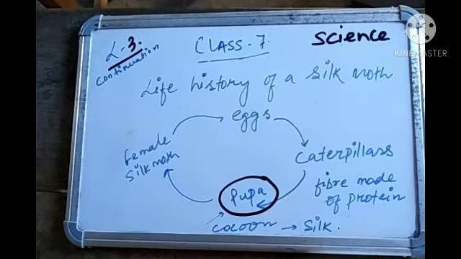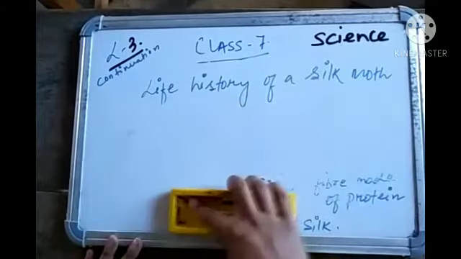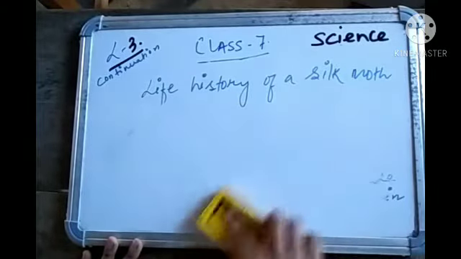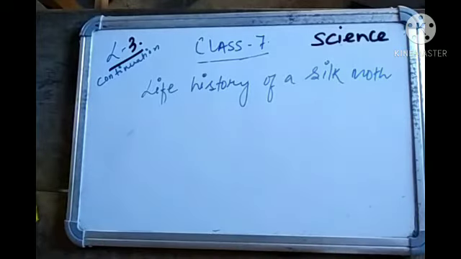This covering is called cocoon, from which we get silk. Further development of pupa to silk moth continues inside the cocoon. So this is the life cycle of silk moth. The silk yarn is obtained from the cocoon of the silk moth.